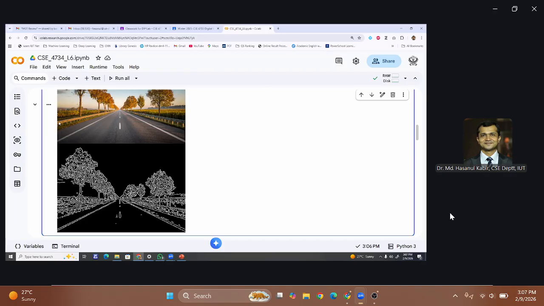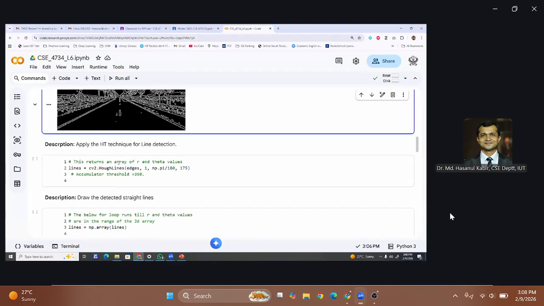We'll also see some straight lines which come from the border fence on the side of the road, and also if you look at the horizon, the horizon also gives you another edge. Whatever edges you have got, our first goal is to get straight lines. So from that objective we will run the Hough transform.